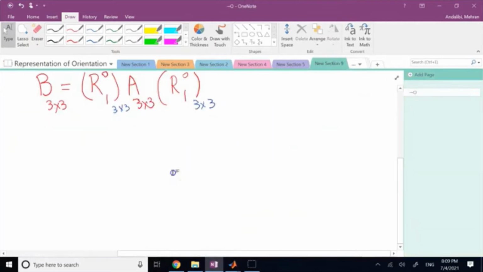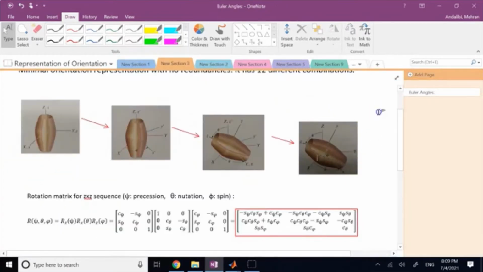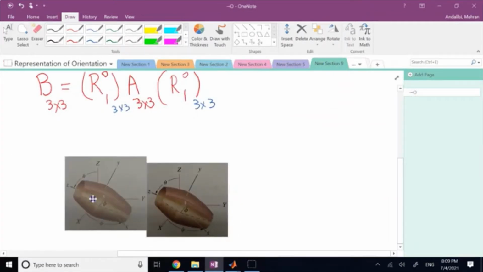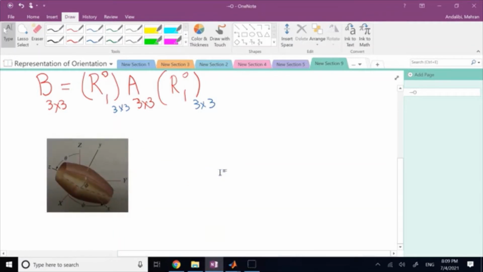So here I have this object, and from what you know in statics, I ask you to find the moments of inertia of this rigid body in frame cap XYZ. So I say, for example, what is IXX? What is I cap XY? What is IZZ? And so on.